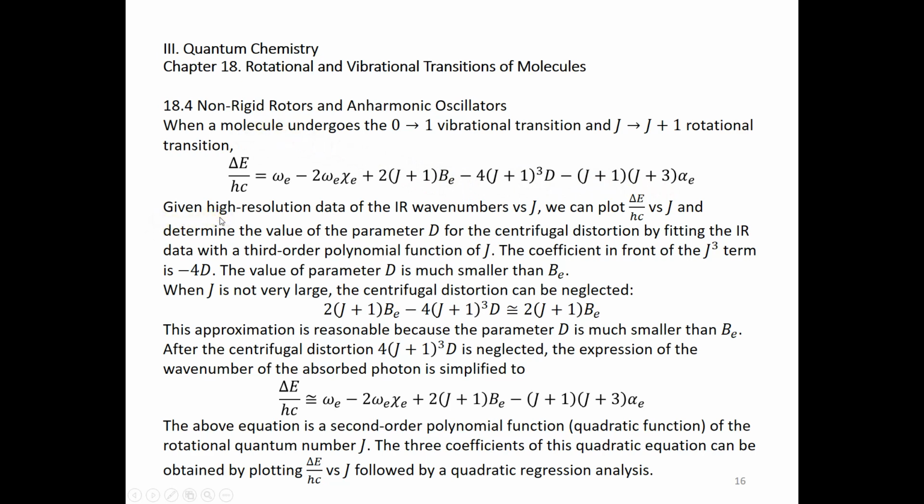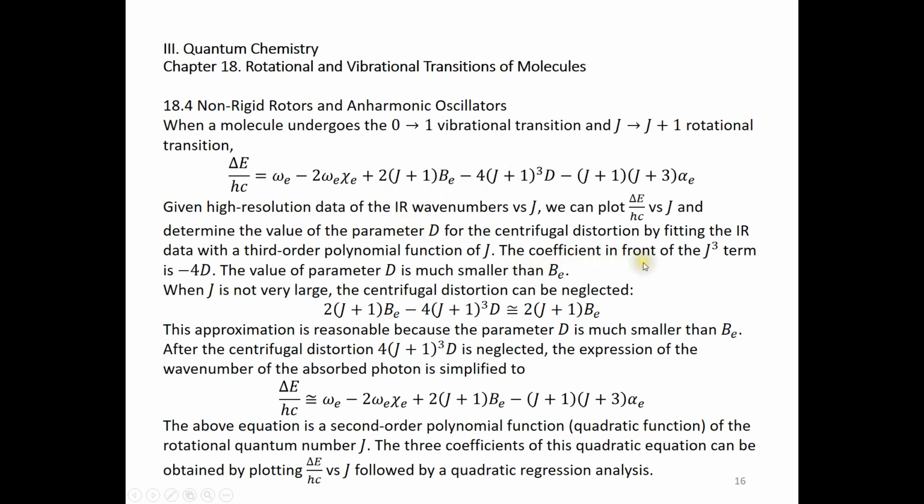Given a high resolution set of data of the infrared wave numbers versus J, we can simply plot this delta E over hc versus J and determine the value of the parameter D for the centrifugal distortion by fitting the infrared data with a third order polynomial function of J. So you can see on the right hand side we have a third order polynomial function of this quantum number J. Delta E over hc is just the wave number of the photon that we can collect from the infrared spectrum.